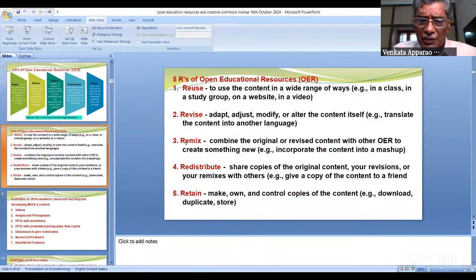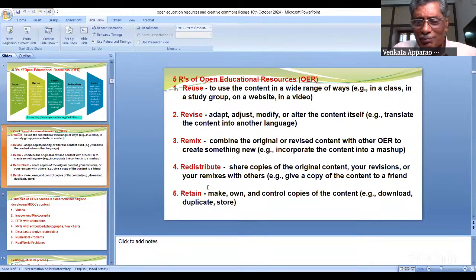Then remix: combine the original or revised content with other OERs and create something new. Then redistribute: share copies of the original content, your revisions, your remixes with others, with anybody in the world. Then retain: make your own and control copies of the content.